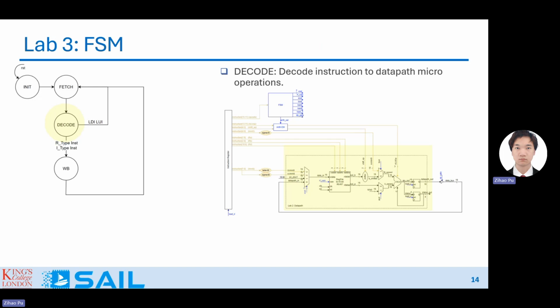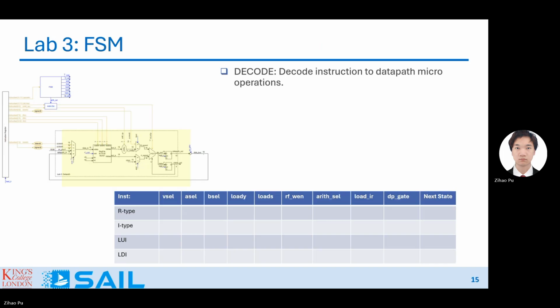But for the arithmetic instructions, you have a write back stage. That means you have to decode the instruction based on the instruction register output. And I have provided a table here for you. It's the decode table for the decoding stage.